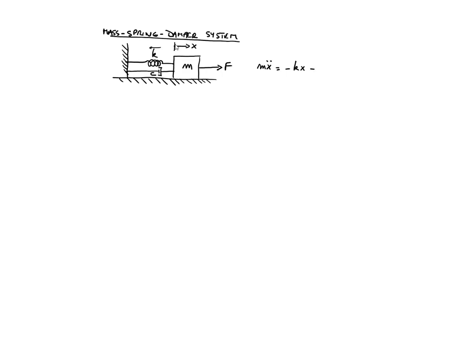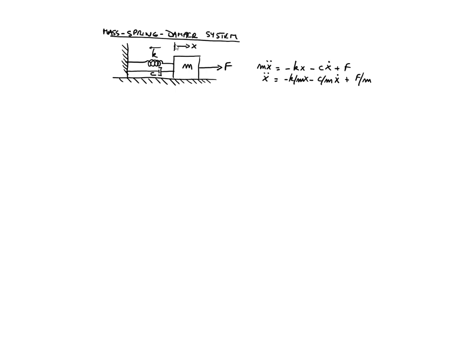You have something similar for the damping force, minus c x dot, plus f. So you can rewrite this as x double dot is minus k over m times x, minus c over m times x dot, plus f over m.